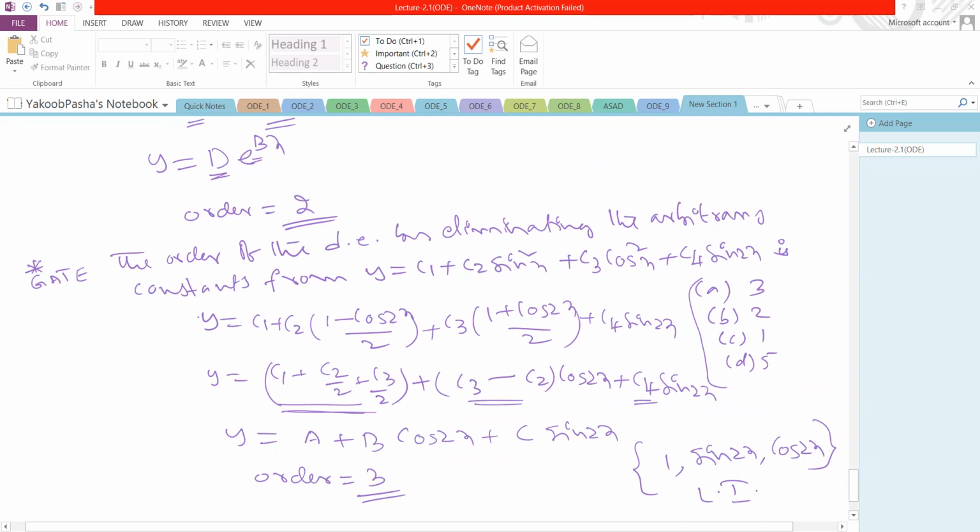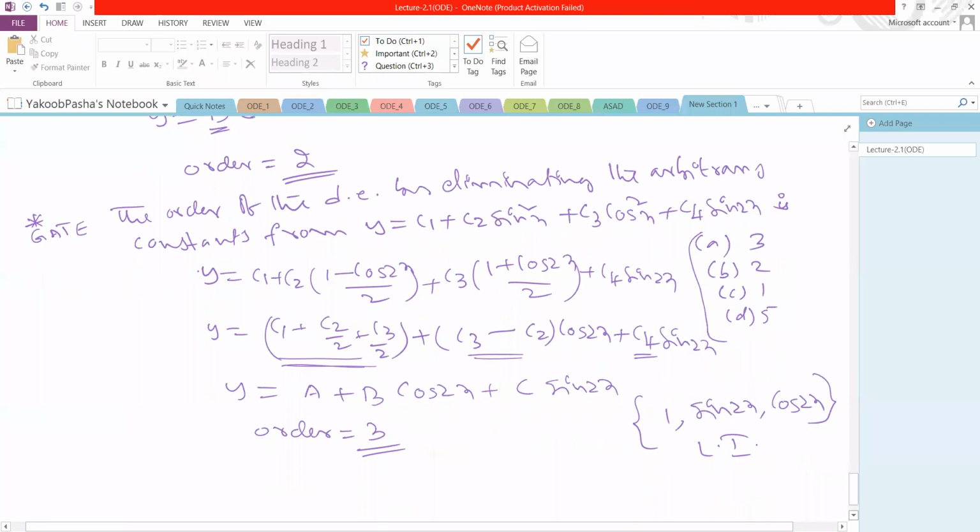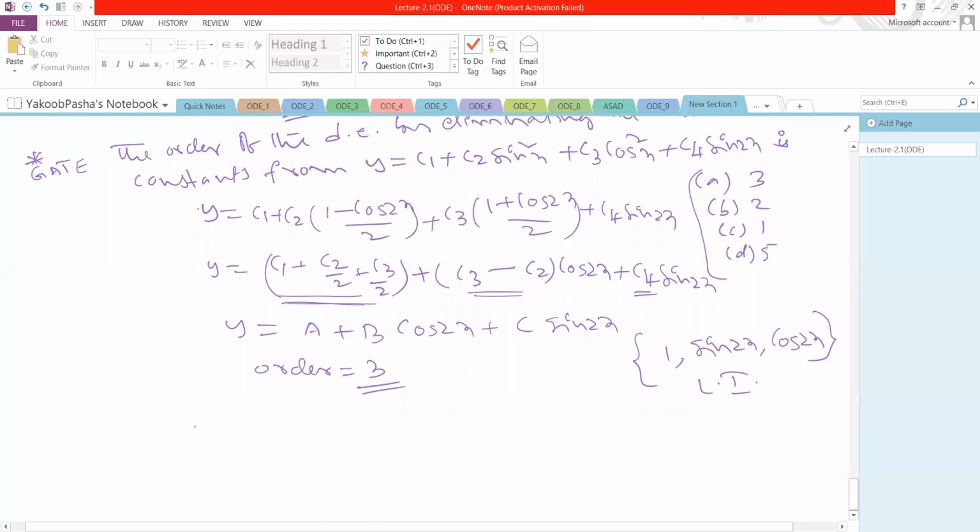Now we can remember one point here. Generalizing, an nth order linear differential equation has exactly n linearly independent solutions.